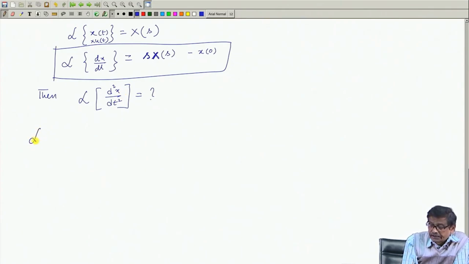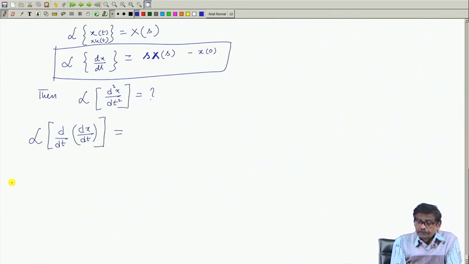For example, look here, the Laplace transform of d2x/dt2, you can write it like this: the Laplace transform of the second derivative, I can write it as the derivative of dx/dt, but the Laplace transform of dx/dt is known.